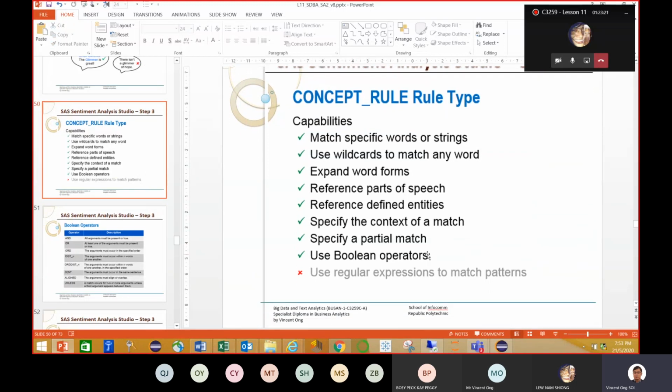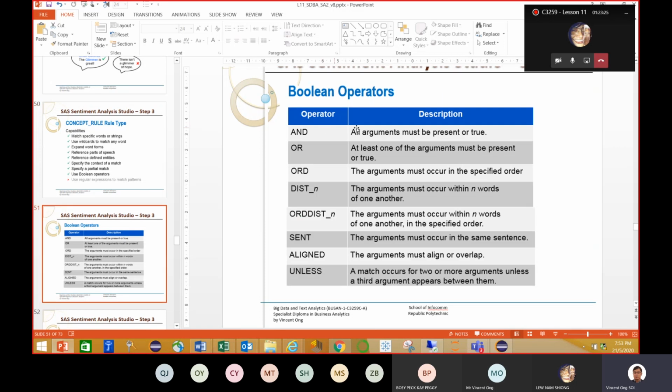The other thing I want to talk about is Boolean operators. You will know what Boolean operators are, right? The AND: if A and B, it means condition A and condition B must both be fulfilled. Or, A or B, so condition A or condition B is fulfilled, which is fine with me.